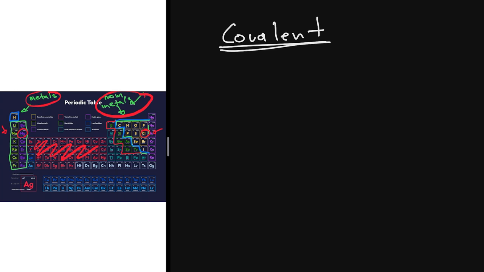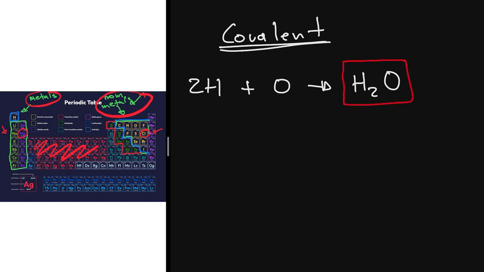For example, we can have hydrogen bonding with oxygen, and this is going to give us H2O. But remember, we don't know for sure yet why we need two hydrogens to bond with one oxygen. That theory will be covered in the next video. So in this type of bonding, we have a covalent compound because we have two nonmetals bonding together.